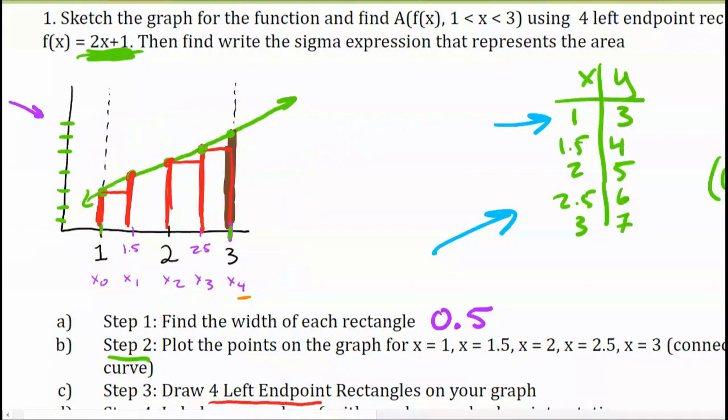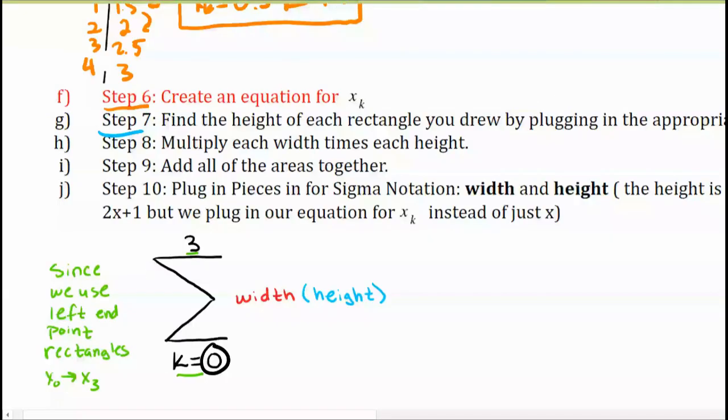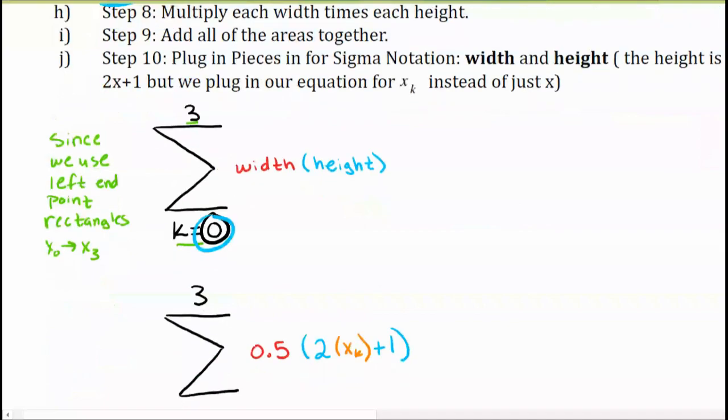I have these rectangles here in red, and the heights, what you should notice, that I'll do in light blue here, are only using 4 sides. So I really only use x of 0 all the way through x of 3, which is why in sigma notation I have k equals 0 and k equals 3, because that is telling me which k values I'm going to use.